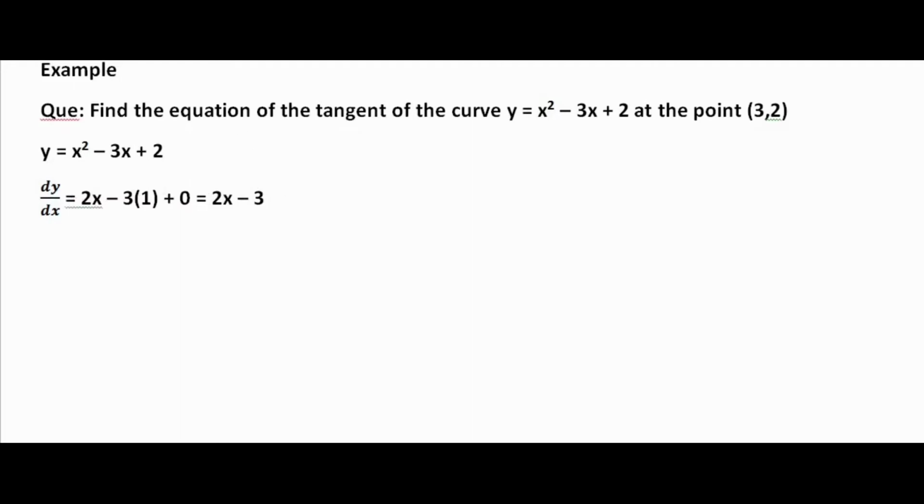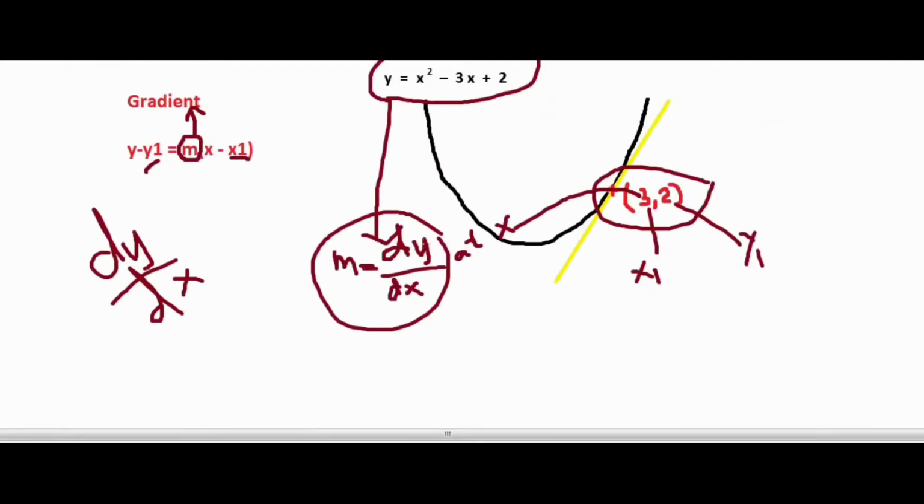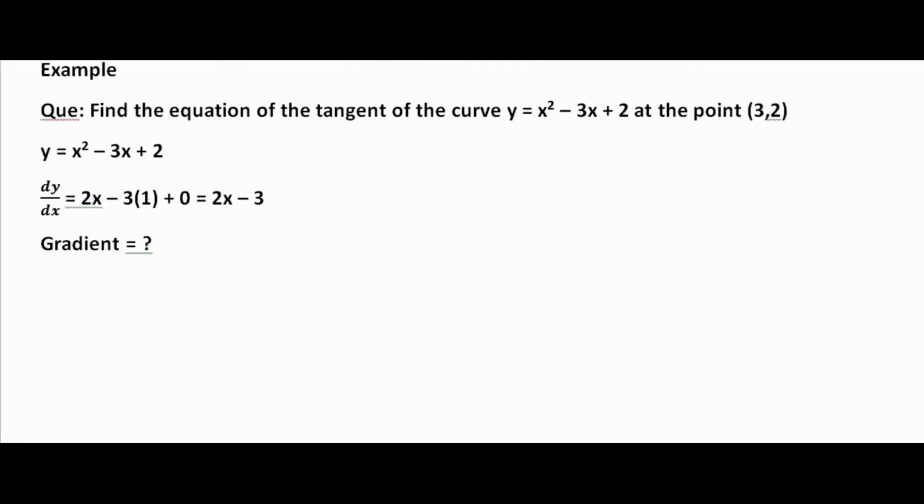Now we have to find out the gradient. What shall we do for finding the gradient? Yes, substitute the x coordinate. So to find the gradient, we have to substitute the x coordinate, isn't it? So when x is equal to 3, what is dy by dx?